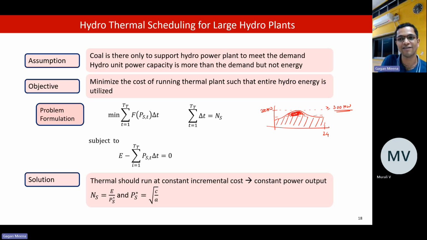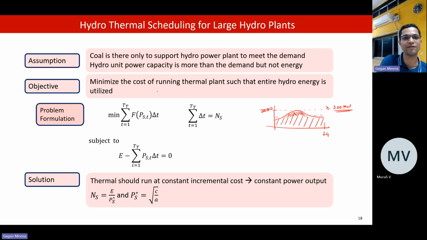All the power capacity is there, but enough storage is not there. Enough water is not there in the hydro plant. So part of the demand needs to be satisfied by the thermal generator.